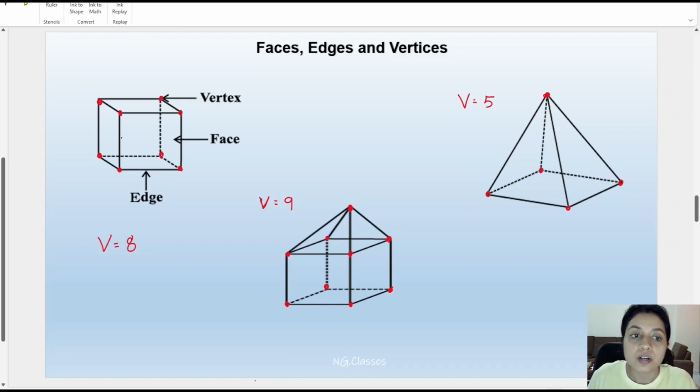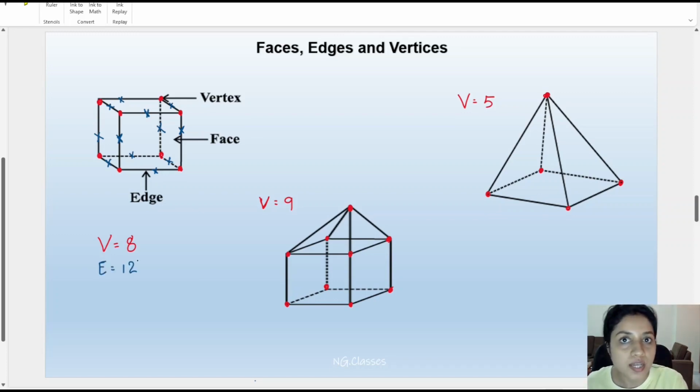For the first figure, we have this as one of the edges. 1, 2, 3, 4, 5, 6, 7, 8, 9, 10, 11, and 12. So a total of 12 edges are there in a cube.